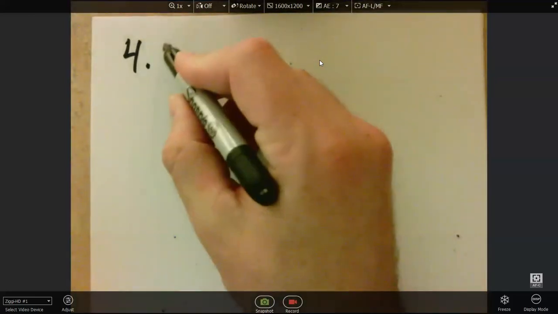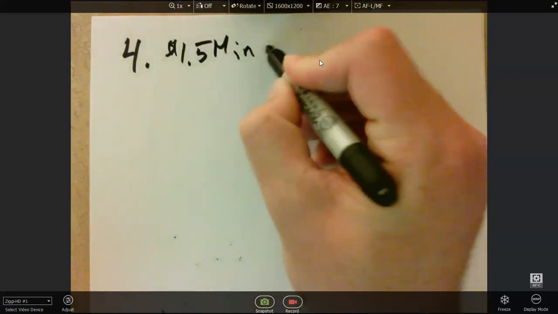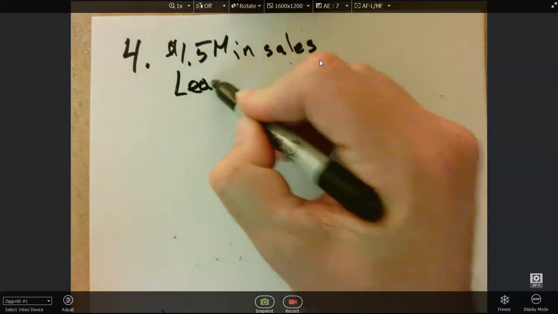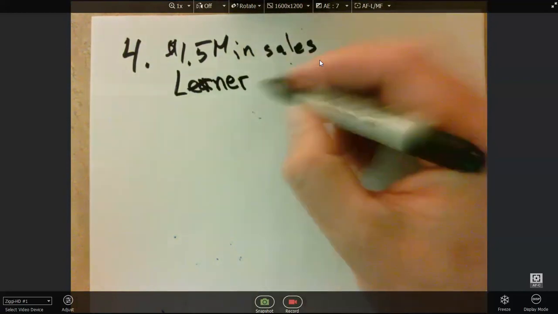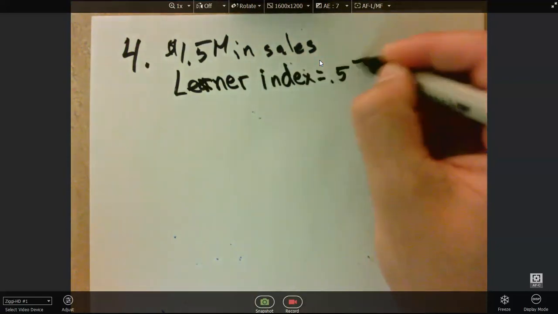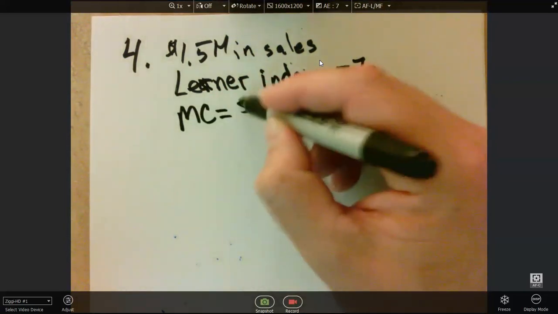So we're told the firm has 1.5 million in sales. We're told the Lerner index, L-E-R-N-E-R, is 0.57. And we're told the marginal cost is $50.